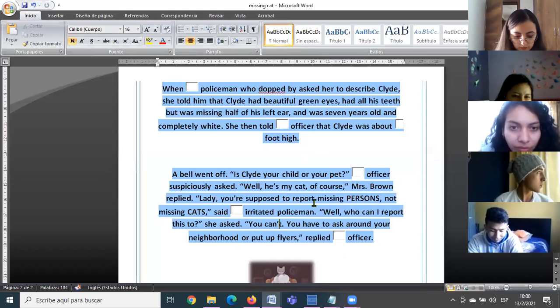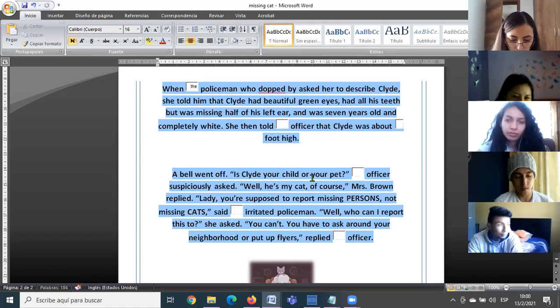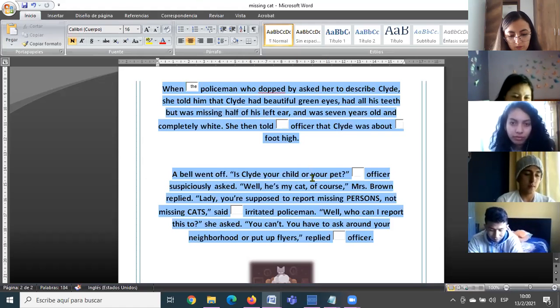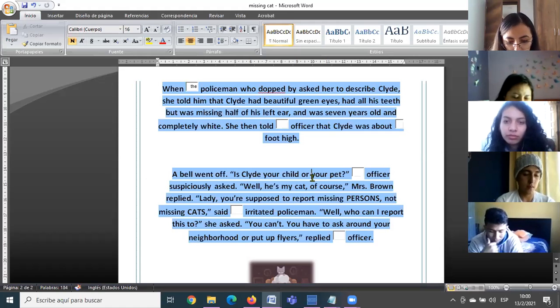Yes, teacher. When the policeman who stopped by asked her to describe Clyde, she told him that Clyde had beautiful green eyes, had all his teeth, but was missing all of his left ear, and was 7 years old and completely white.